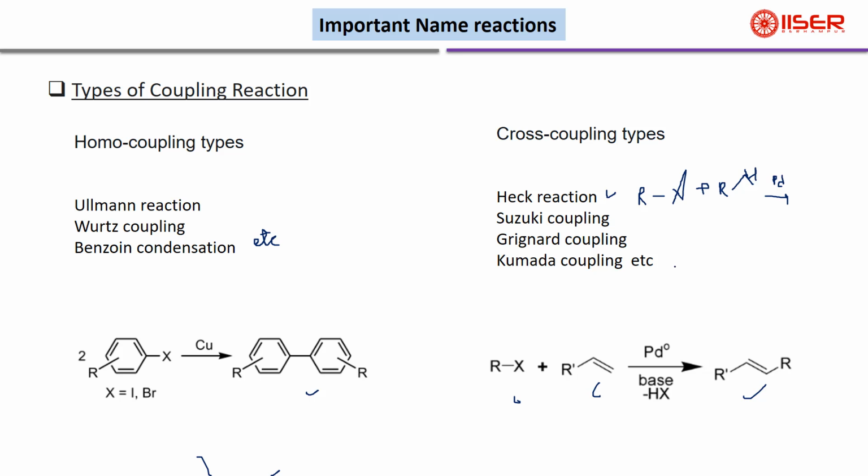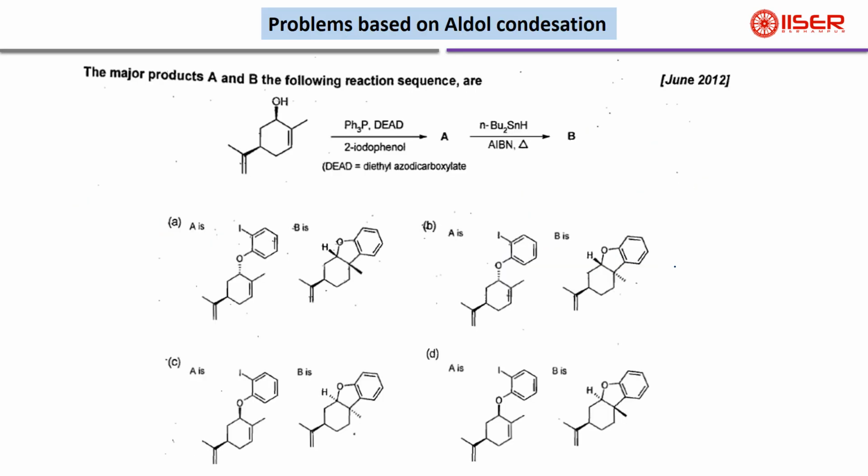Like this, there are many more. So let's not waste time, let's solve the questions. While solving the questions, we'll get an idea about the mechanisms also. Just take some time and read the coupling reactions from Clayden. If you have any doubt, I will try to discuss the mechanism of all the coupling reactions in the next class.